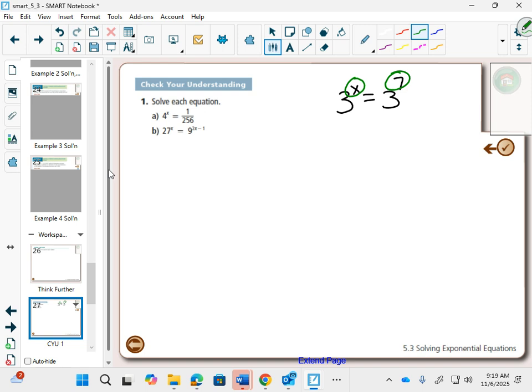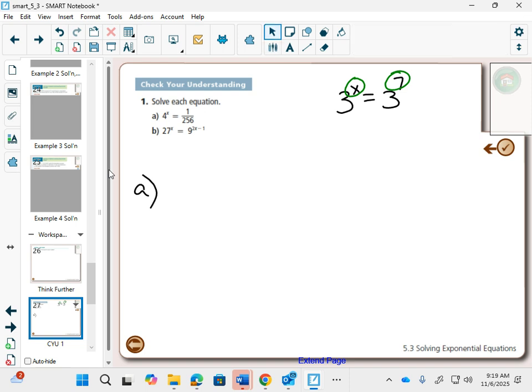Our goal is this. Can I write both sides with the same base and as a power? And I'm going to use all of my exponent rules and my powers chart to do that. And the way that it's going to work, like in A here, I have 4 to the x and 1 over 256.